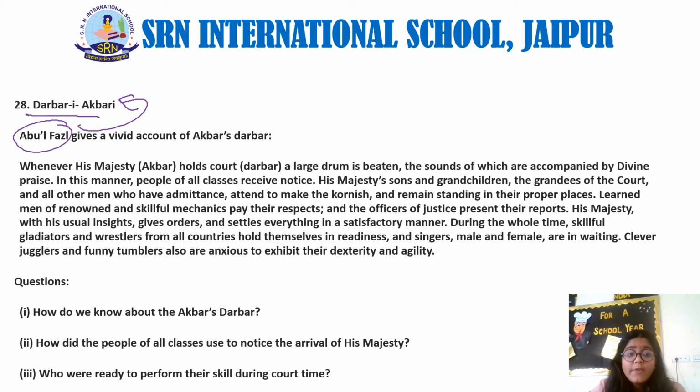The answer is in the very first line. Whenever His Majesty holds the court, a large drum is beaten, the sound of which is accompanied by divine praise. In this manner, people of all castes receive the notice.